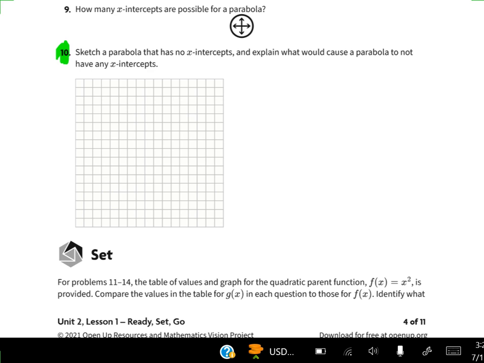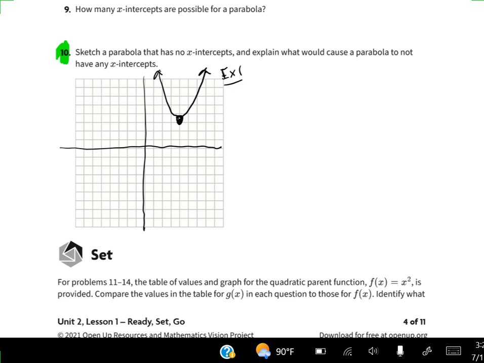In order to do this, we either need a parabola with a vertex above the x-axis that opens up, so something like this. Call this example 1.